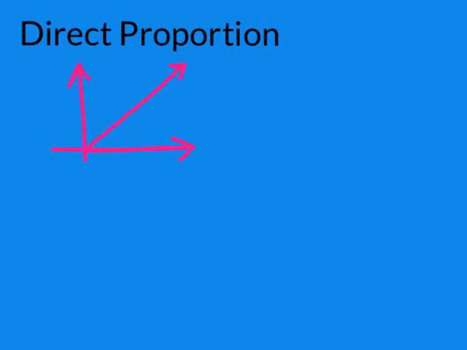How that looks in the equation is like this: y equals some constant times x. So if we were to insert any number for x and increase that number, we should see the y values also increase at a constant rate. And that's what we have here. When we talk about constant rate, we're looking at the slope of this line.